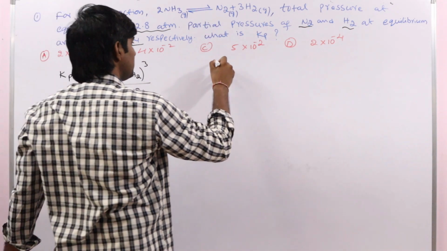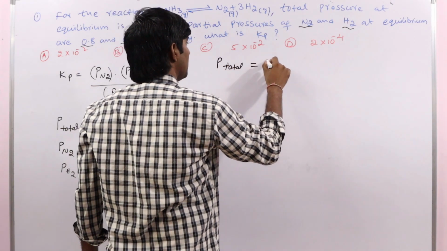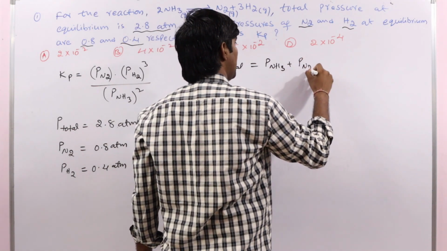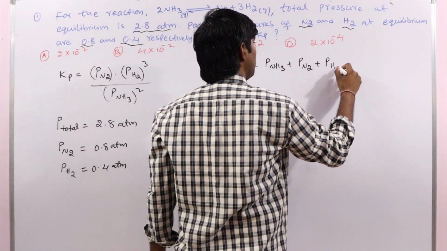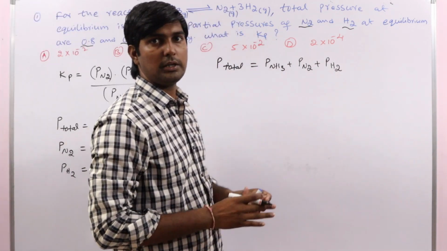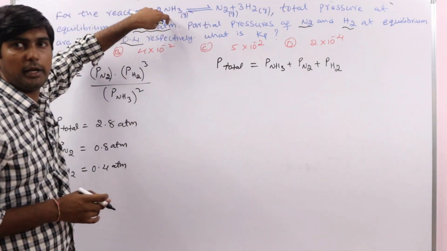So P total is equal to partial pressure of NH3 plus partial pressure of N2 plus partial pressure of H2. Yes or no? Total pressure is nothing but a sum of the partial pressures of all the species present in that container.